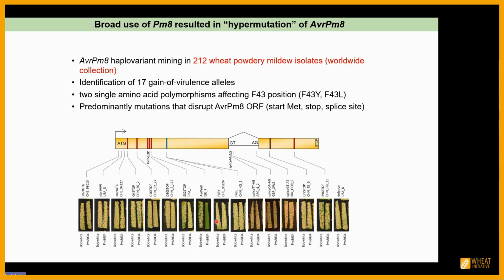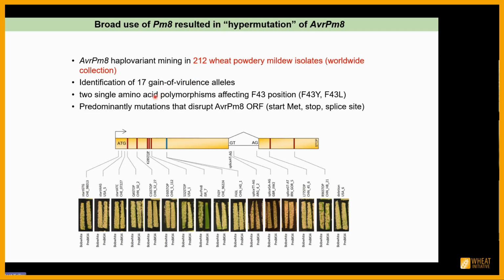Now, of course, we then went into our large collection of sequenced powdery mildew isolates. In total, we looked at 212 isolates, and looked at the diversity and at the virulence of these isolates on PM8, and we found a total of 17 different gain of virulence alleles in this whole population.